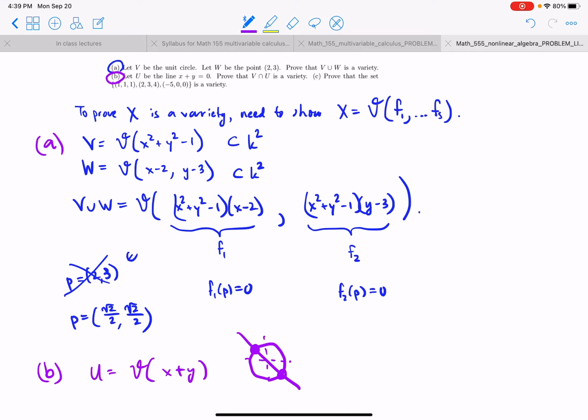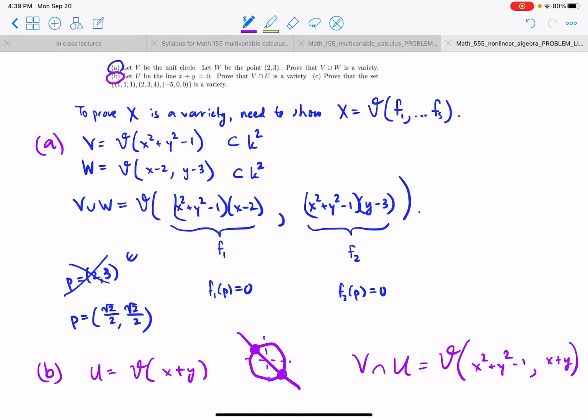So V intersect U is the vanishing set of what polynomials? That's how I prove it. To prove that something is a variety, write it as a vanishing set of finitely many polynomials. So which ones? x squared plus y squared minus 1, comma, and what's U? x plus y. So now I have two polynomials.